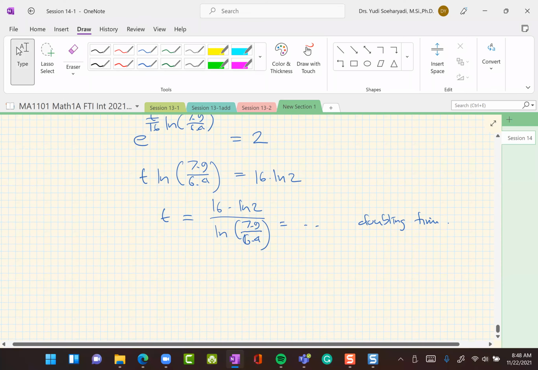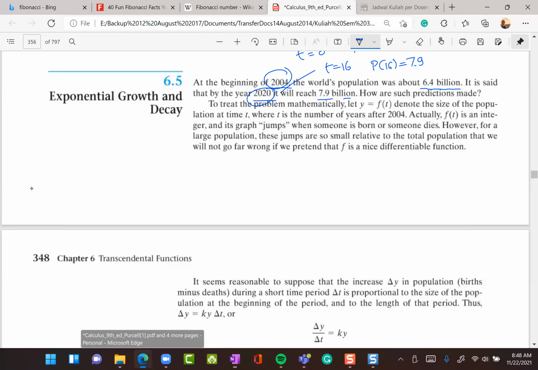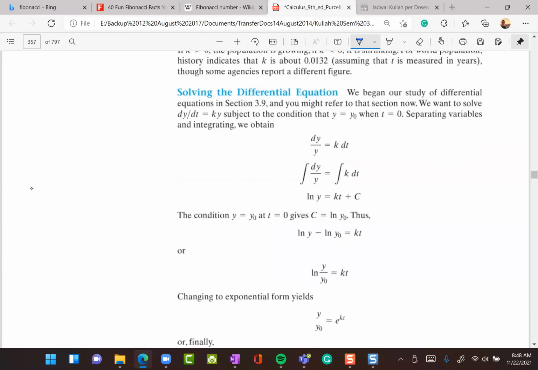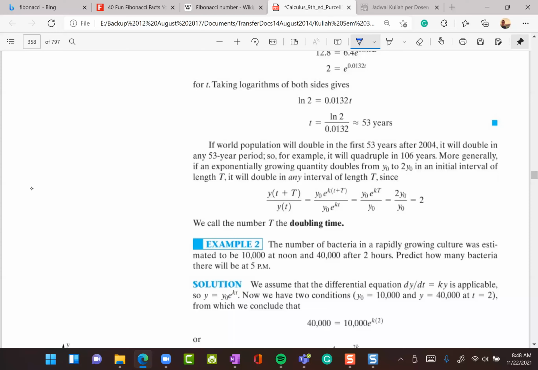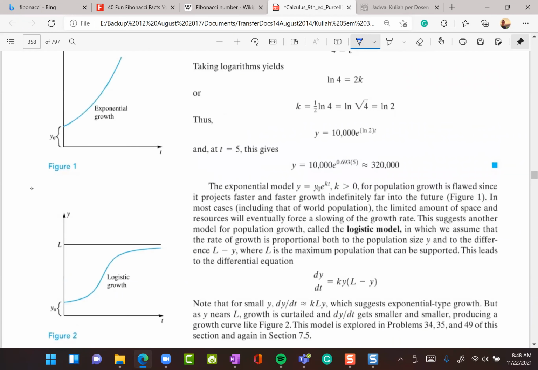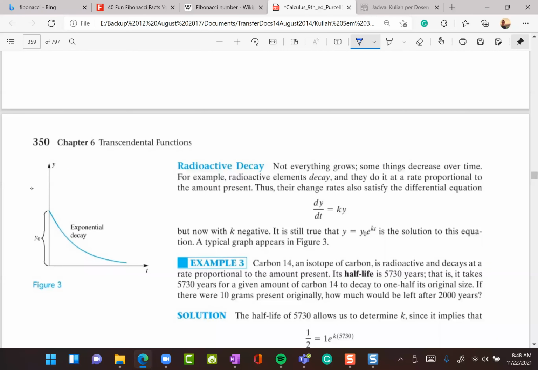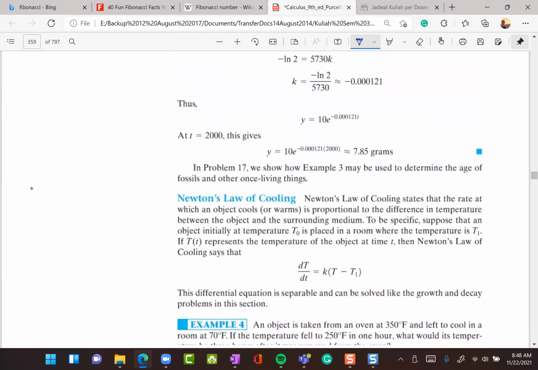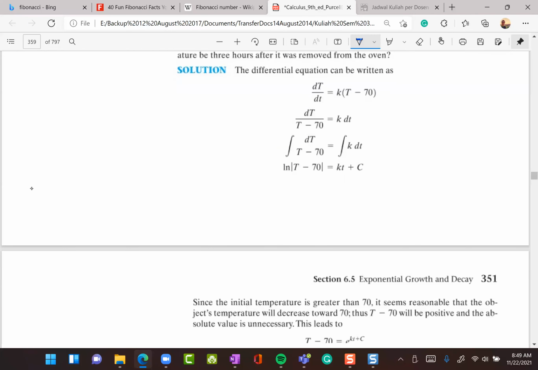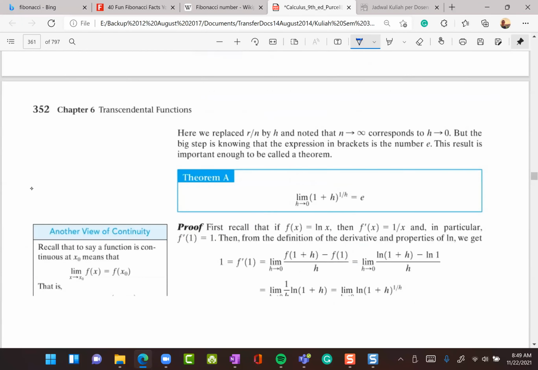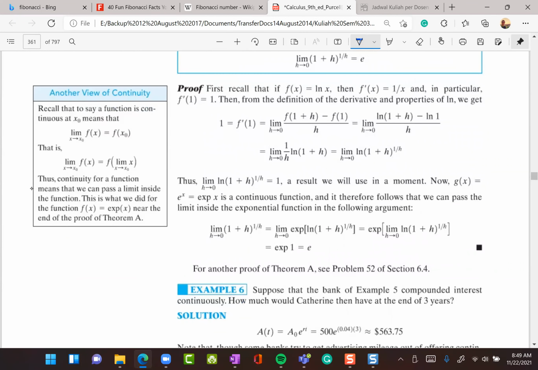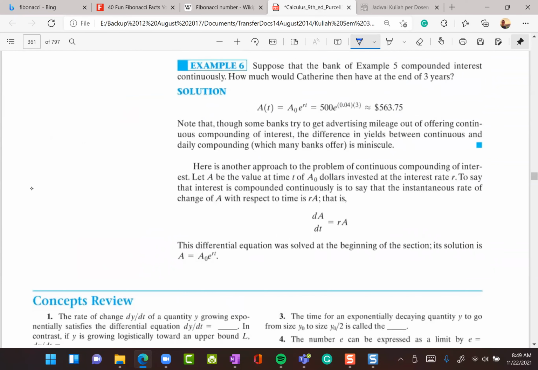Okay, questions? If not, then I'll stop here and we'll continue tomorrow with decay and doubling time, and then the differential equations.